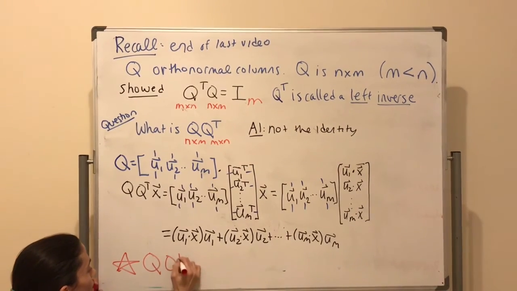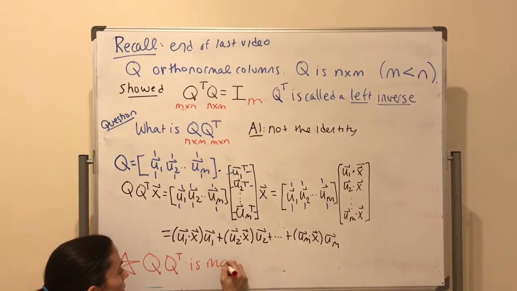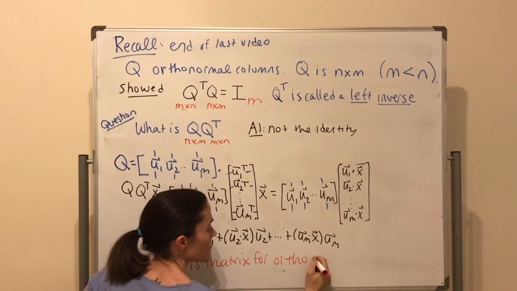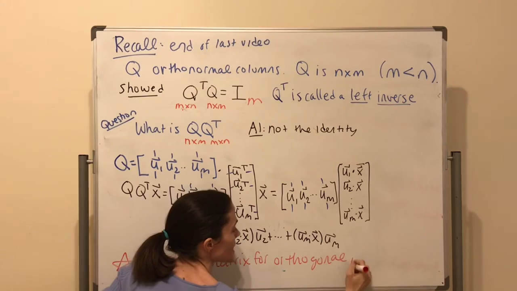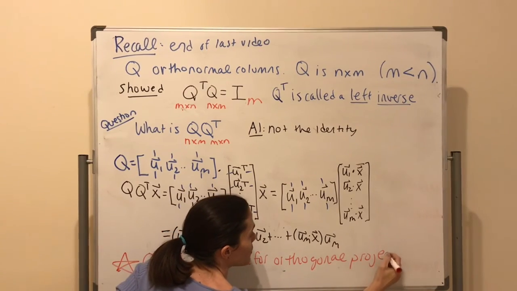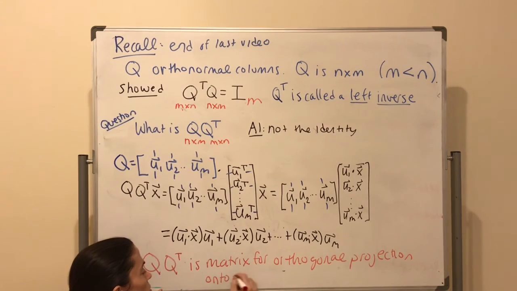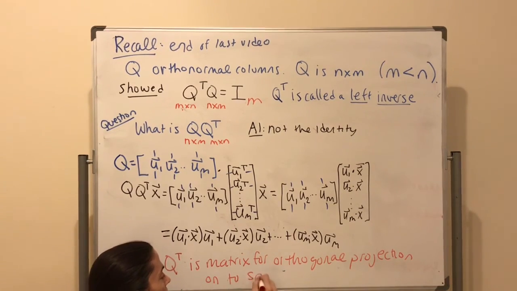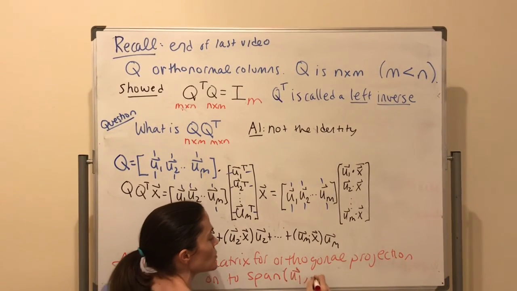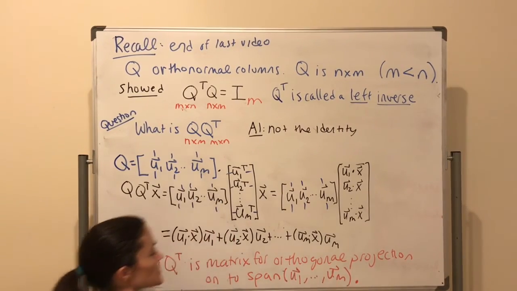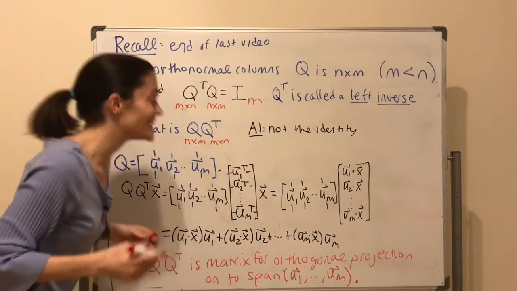This QQ transpose is the matrix for orthogonal projection onto the subspace, which is the span of the UIs, U1 to UM, on this m-dimensional subspace of R^n.